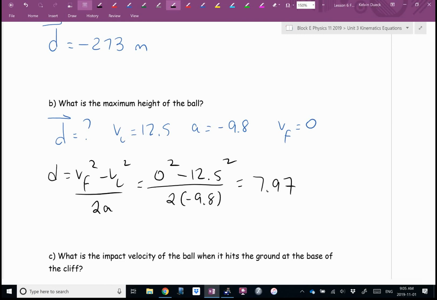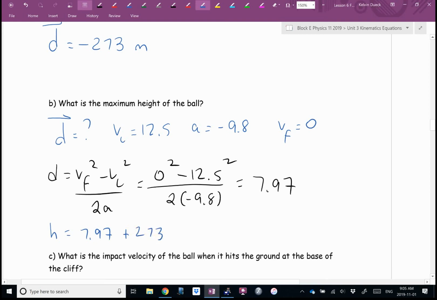So, I've got D here for displacement. What would be a good letter to use for height? I use D for displacement. What would be a good letter to use for height? Thank you. H equals 7.97 plus 200.